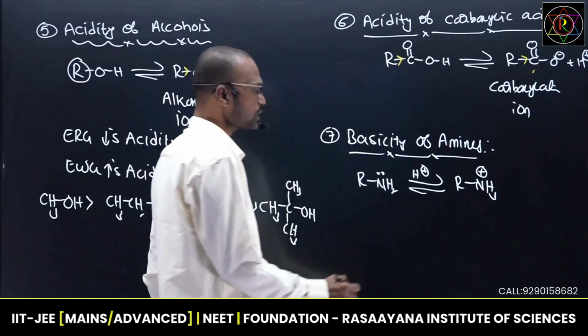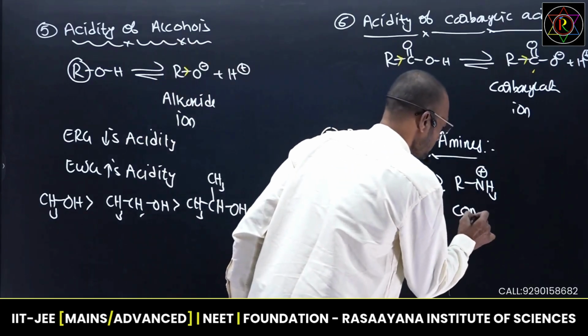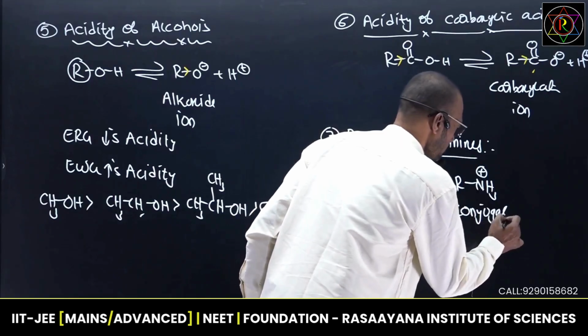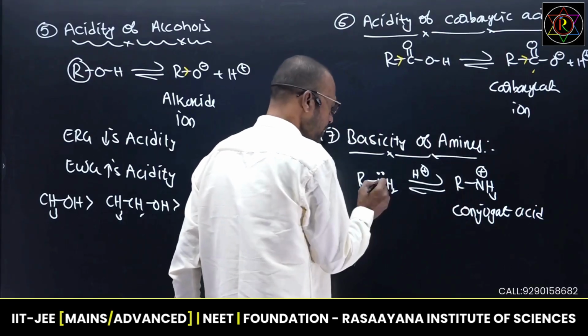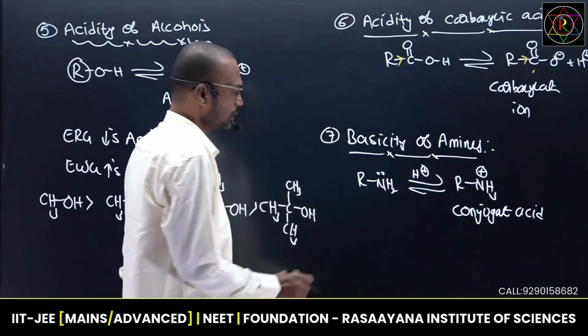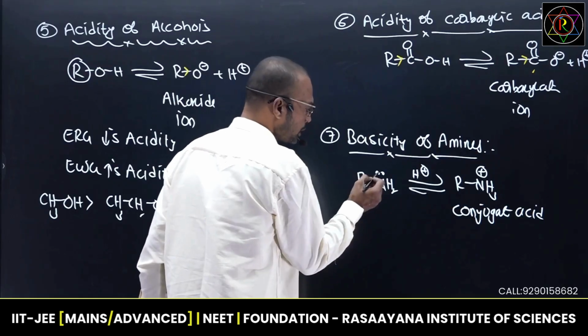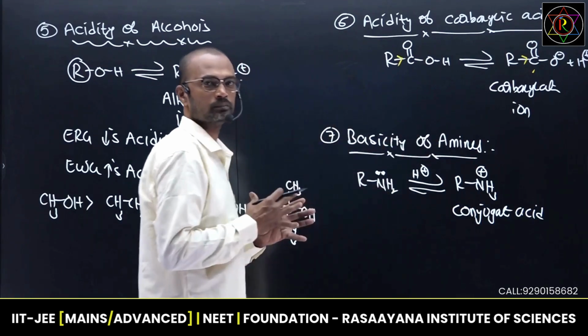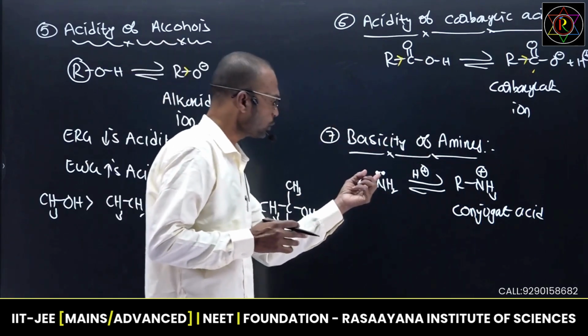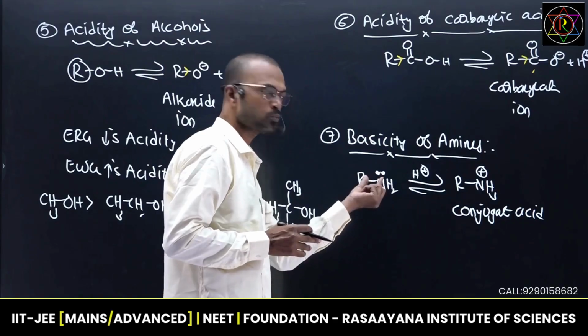This is called the conjugate acid. If the conjugate acid stability increases, basicity increases. Basicity is nothing but the ability of donating a lone pair of electrons. If it is donating more effectively, it is more basic. If the lone pair is more available for any acid, it is more basic.